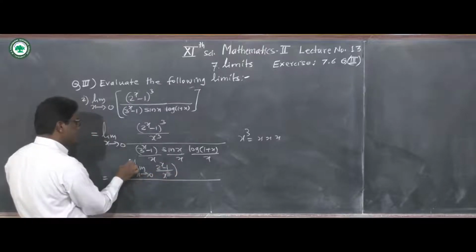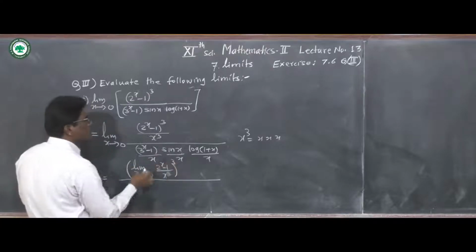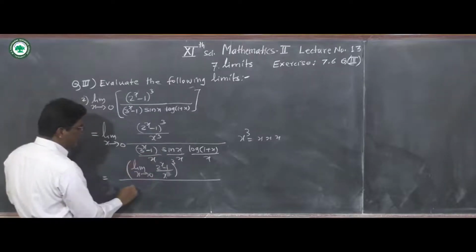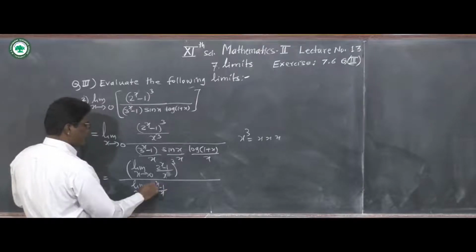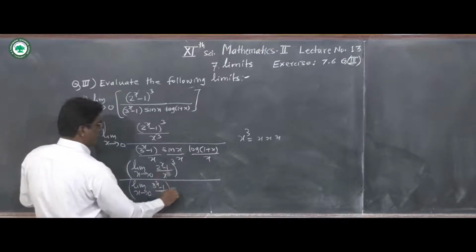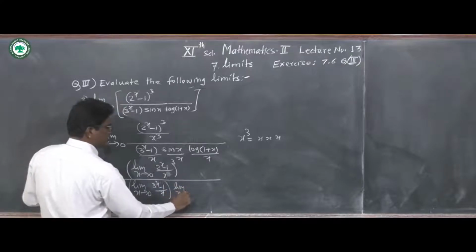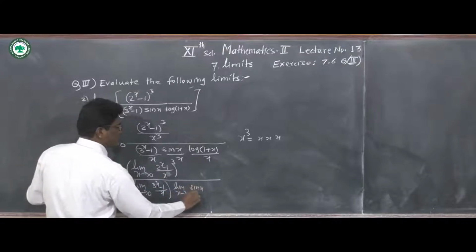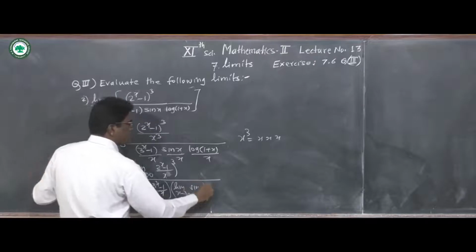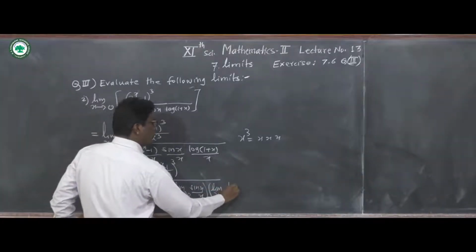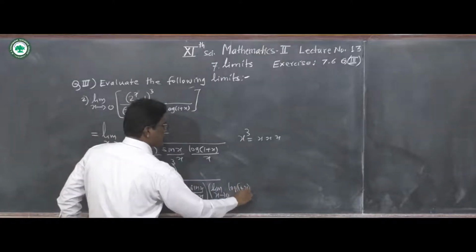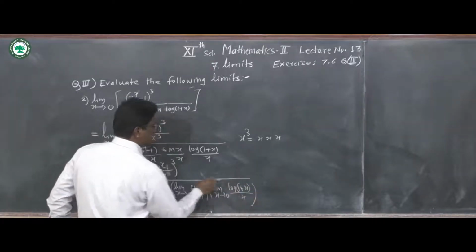So take the limit inside the bracket, whole cube, divided by limit as x tends to 0 of (3 to the power x minus 1) upon x. Here limit x tends to 0, sin x upon x, and also limit x tends to 0, log of 1 plus x divided by x.